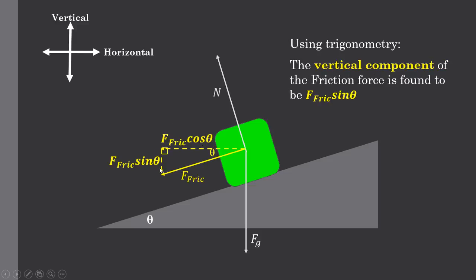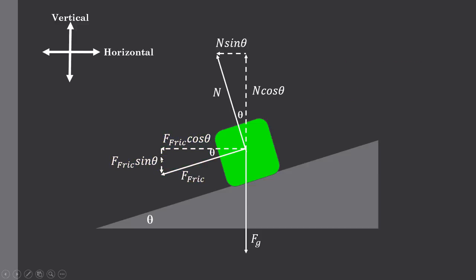And our vertical component is force of friction sine theta, because it is the opposite side of this right angled triangle. So now we have a weight force operating down, an angled normal reaction force that can be broken into a horizontal component n sine theta and a vertical component n cos theta, and a friction force on the angle that can be broken into a horizontal force of friction cos theta and a vertical force of friction sine theta.